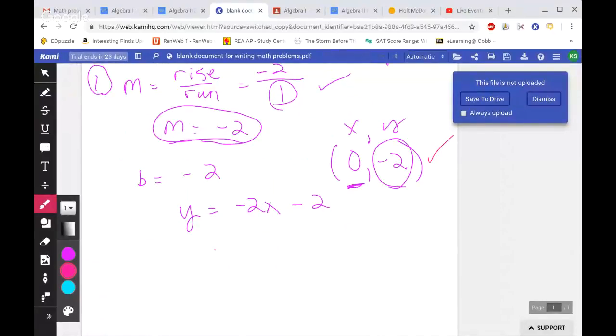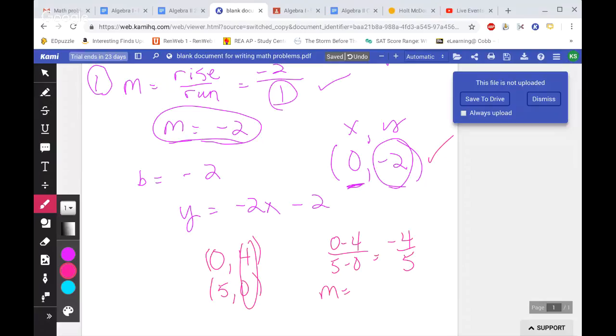Well, if you look at their 2 points, they got 0, 4, and 5. They're supposed to do 5 minus instead of 0 minus. Yes. And on the top, they put 0 minus 4, which is fine. But on the bottom, then, they should have done 5 minus 0. And that would be their slope.